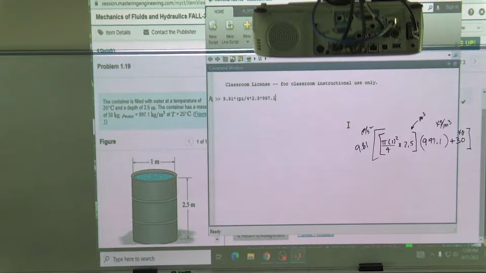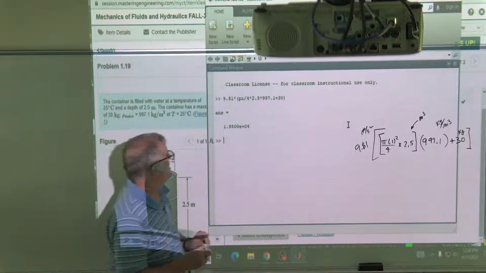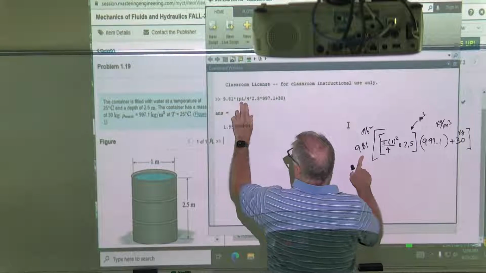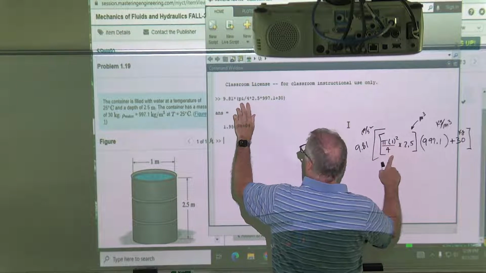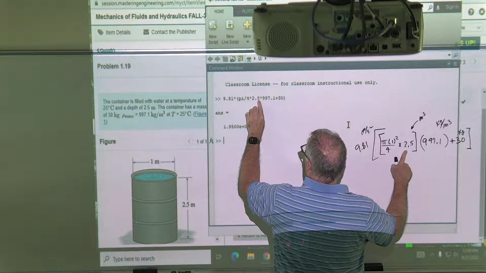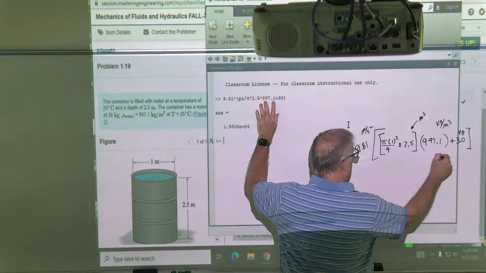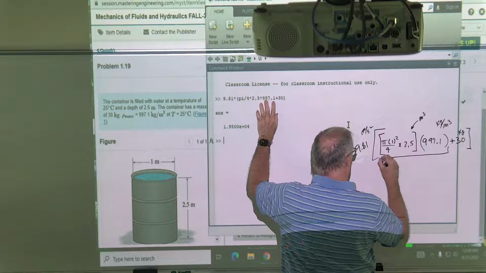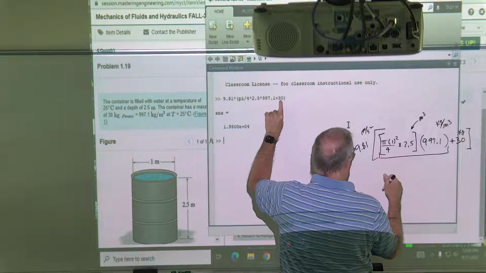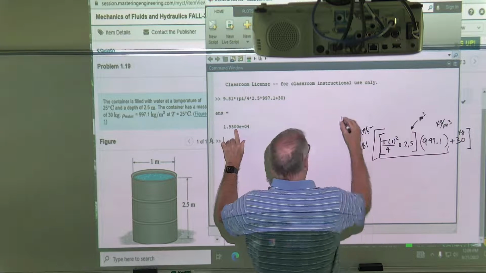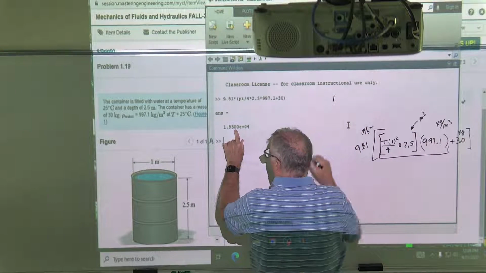All that, and then that'll be plus 30 kilograms. Let me make sure I copied all this down right first. 9.81 pi over 4 times 2.5 times that gets me the number of kilograms of water, and then I got 30 extra kilograms, 9.81.